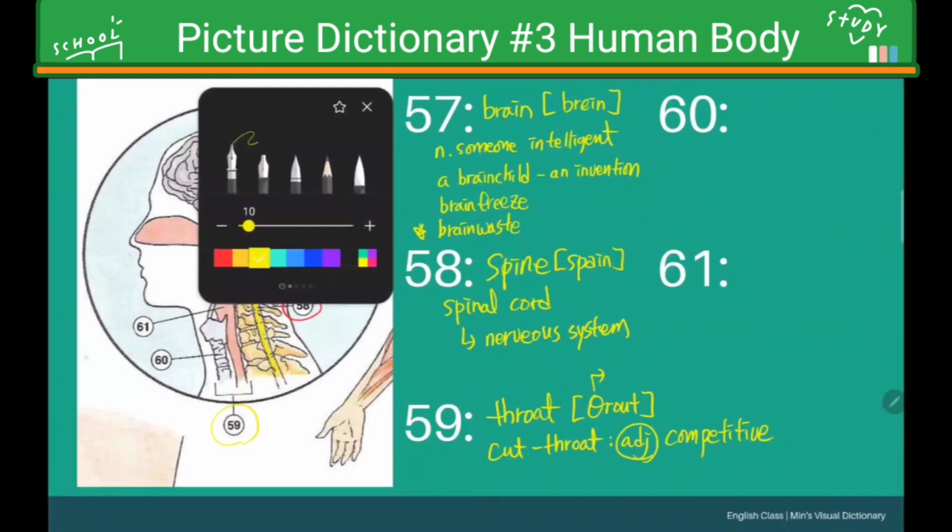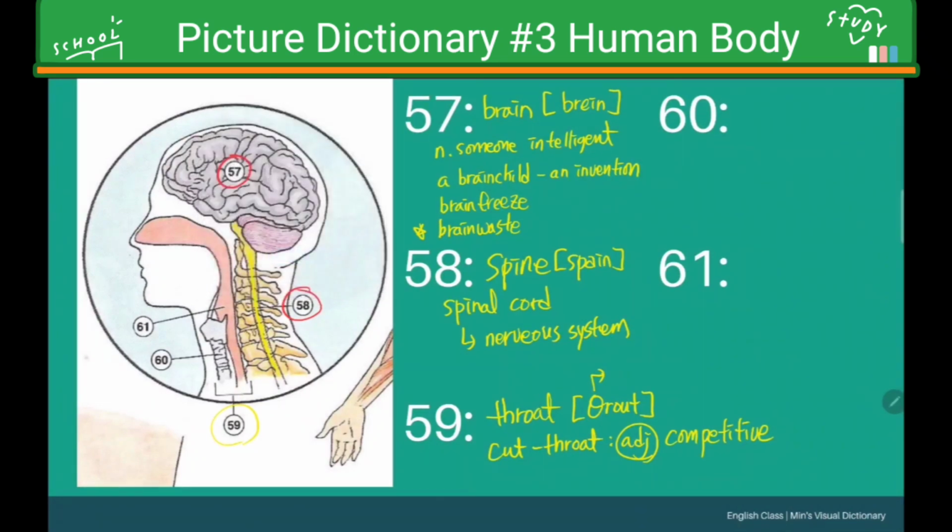And now let's move on to number 60. 60 refers to this part where the air comes and goes, and this one is called windpipe. Windpipe.